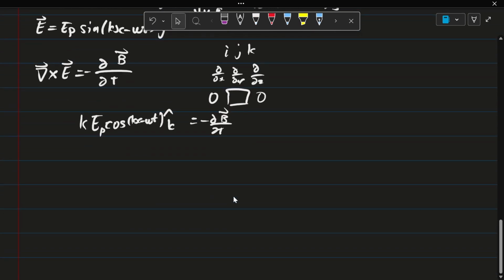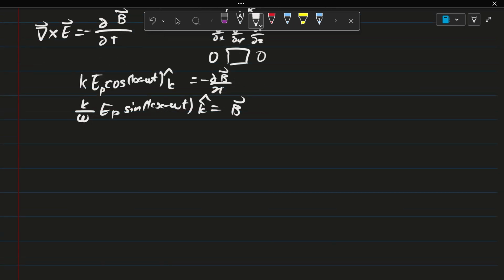So if we take the integral in terms of t, what we would get is k over omega E_P sine(kx minus omega t) in the k vector direction. And this is our B vector. So what we could observe here is that the peak of our magnetic field is k over omega E_P. Or, the speed of light times the magnetic field peak equals the electric field peak.